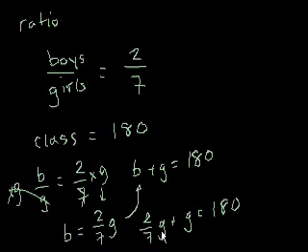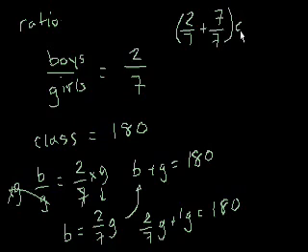And what's 2/7 g plus 1g, or 7 over 7 g? Well, you could do the fraction, but it's 2/7 plus 1, which is the same thing as 2/7 plus 7/7, right? Because that's just 1.